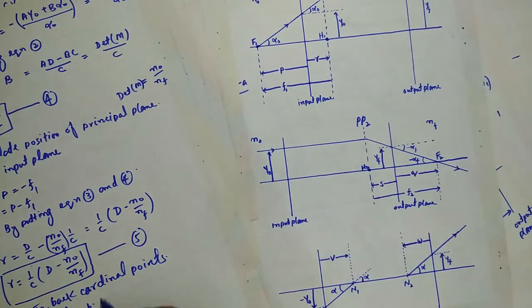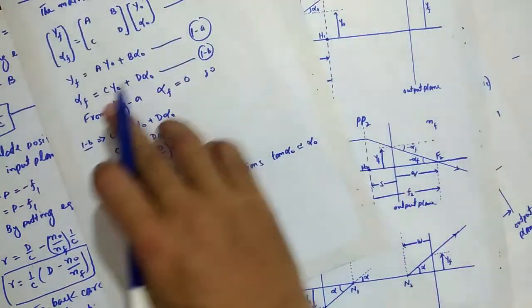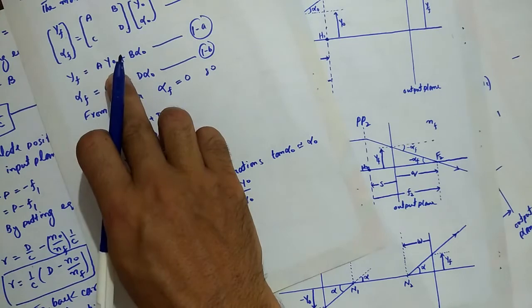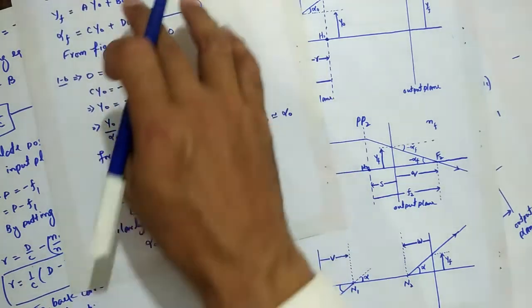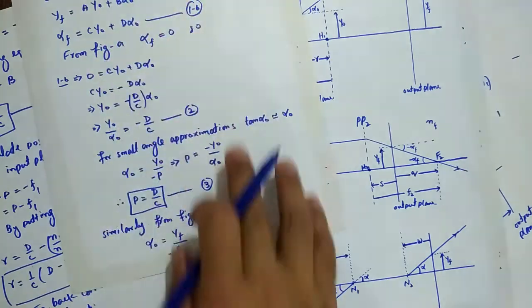So from this figure, YF is equal to A y naught plus B alpha naught. This is equation number 1a. Clear? This is the matrix equation. YF equals to A y naught plus B alpha naught. These are our primary equations.